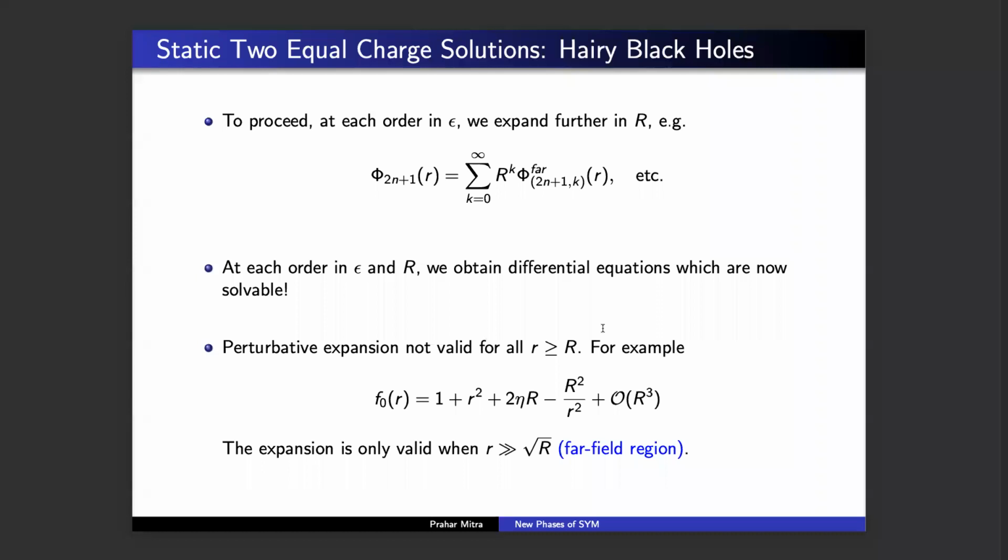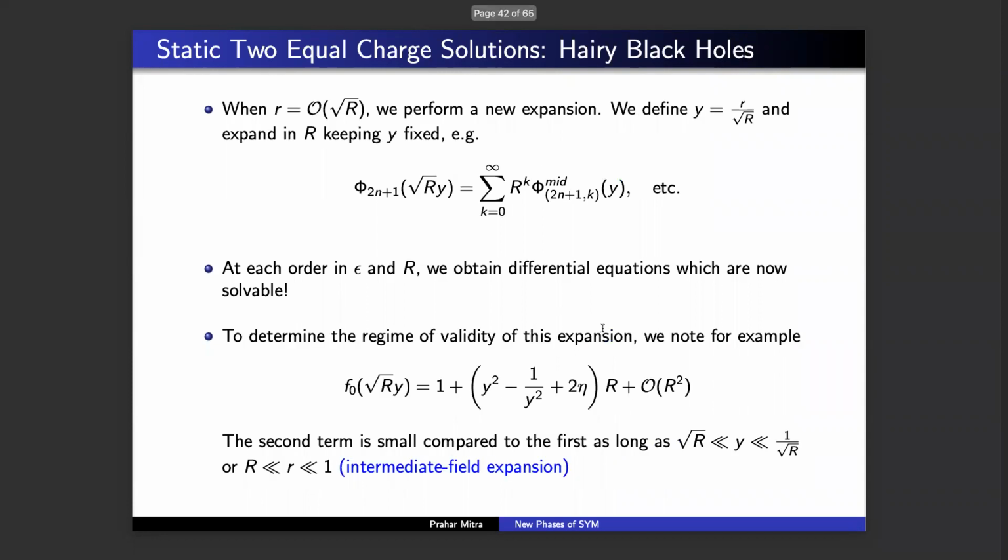The subleading term is of the same size as the leading term when small r is of this size. So clearly this type of perturbative expansion is only going to be valid when r is large. This is what I'm calling the far field region. To fix this, I need to do another expansion.